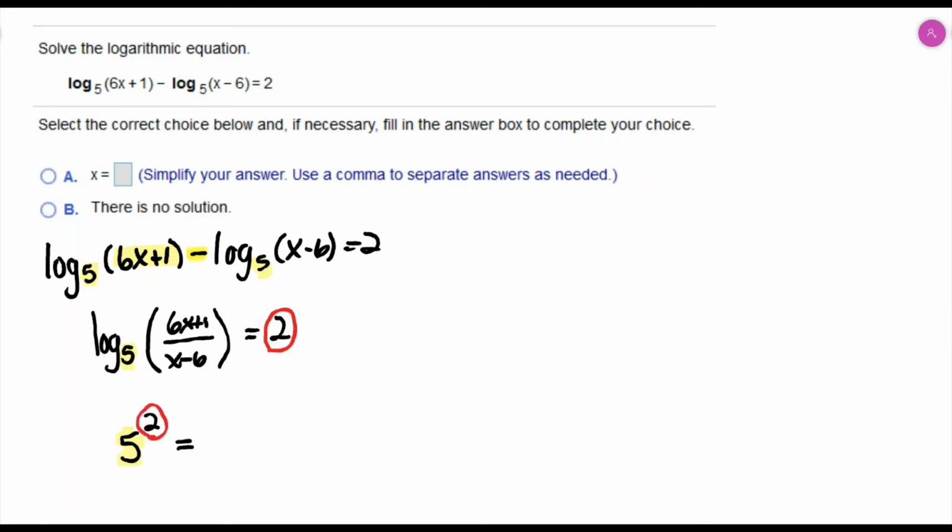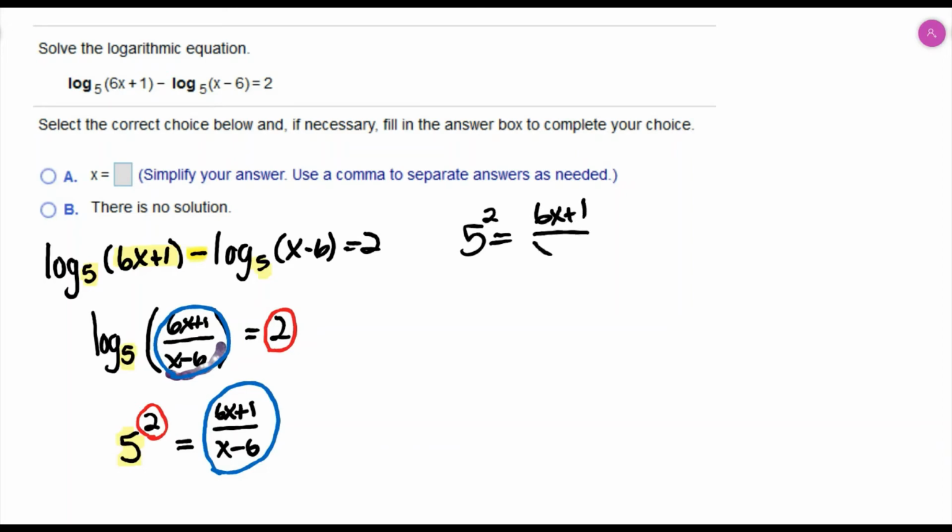And my exponential always equals what's inside the log. So this side is what's inside the log. 6x plus 1 over x minus 6. So my exponential equation is now 5 squared equals 6x plus 1 over x minus 6.